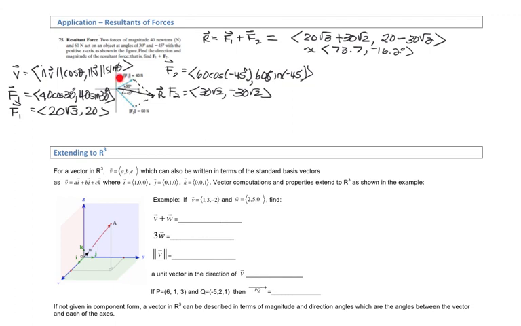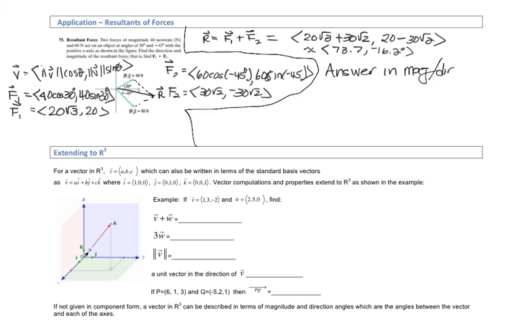Now, when you're doing a resultant problem, a physical problem, you're usually given vectors in magnitude and direction form. We change them to component form so we can do the computations, but we answer in magnitude and direction form.